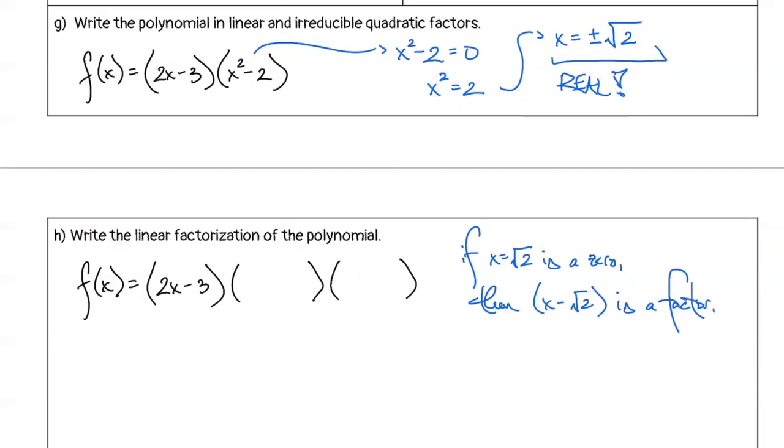I know it has a square root, and that probably looks weird and uncomfortable, but it's still a factor, it's still okay. All right, we're sort of beyond the stages of our academic careers where if we get a square root or a fraction, that's a wrong answer, right?